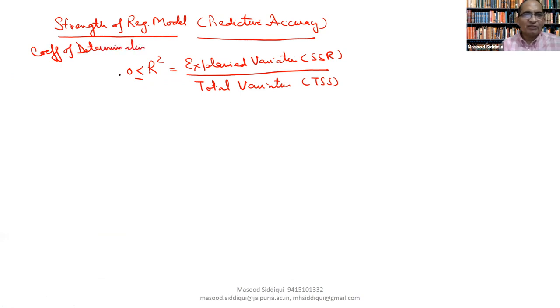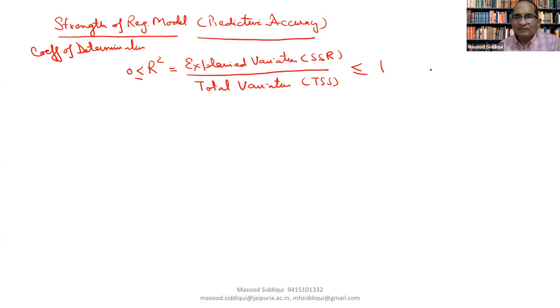And since explained variation is always a part of the total variation, explained variation can never be greater than total variation. The numerator can never be greater than the denominator. At most, explained variation would be equal to the total variation. So the maximum value is 1.